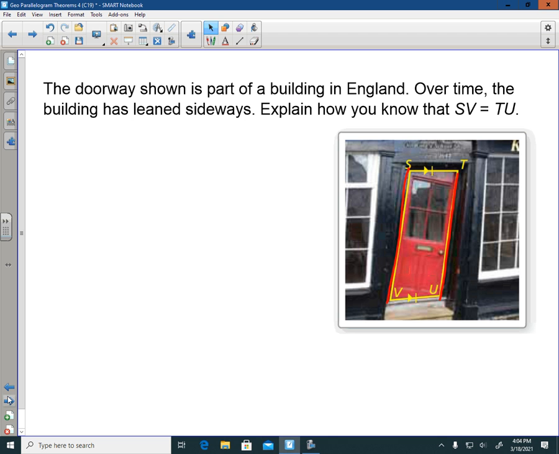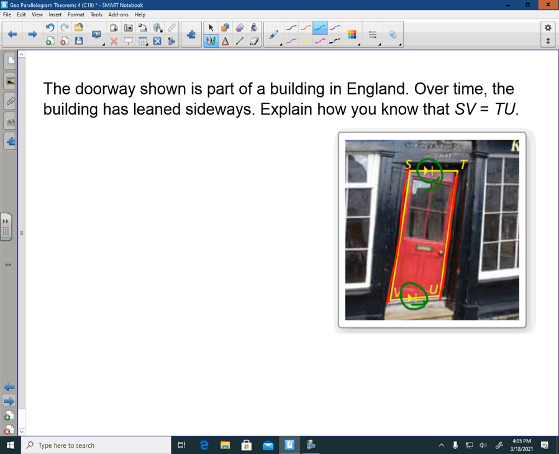Then the third one, the one that we talked about first in today's video, says if opposite sides of a quadrilateral are both congruent and parallel, then what you have is a parallelogram.